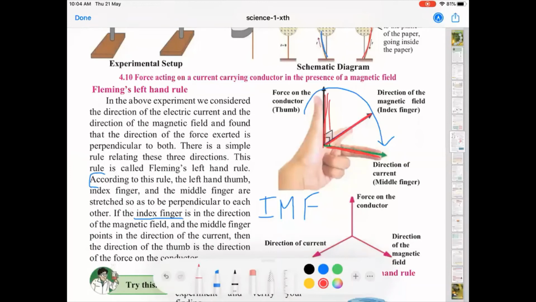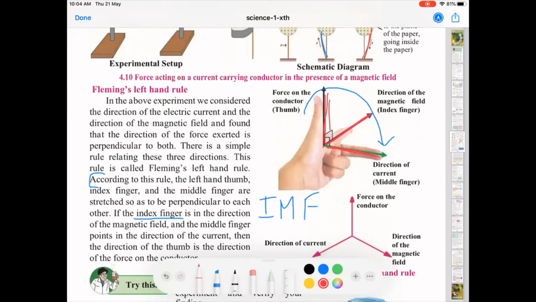And then if the index finger points in the direction of the magnetic field, the middle finger is in the direction of the current, then the direction of the thumb is the direction of the force on the conductor. So this is very important.